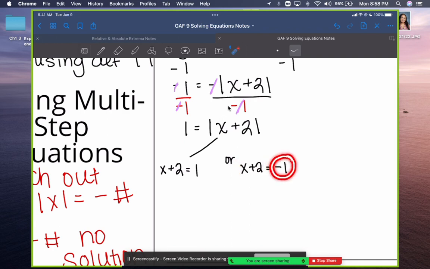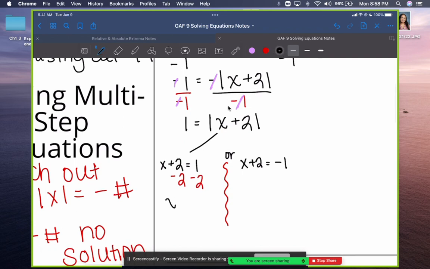So although this is negative, it's always going to result in positive 1. Then we're just going to follow our steps and solve for x. So I'm going to subtract 2 on both sides. So I'm going to have x equals -1. On the other hand, I'm going to have x is equal to -3.